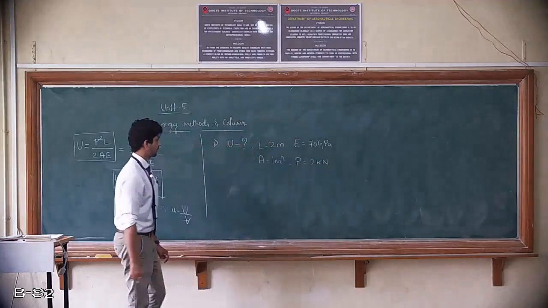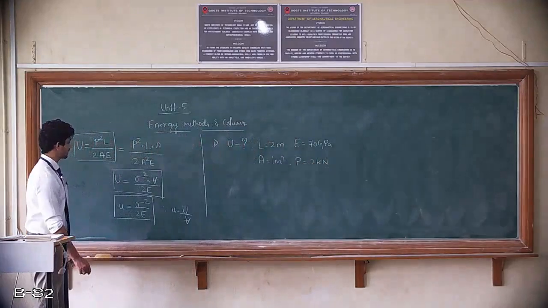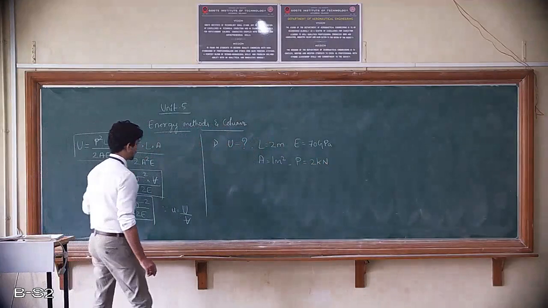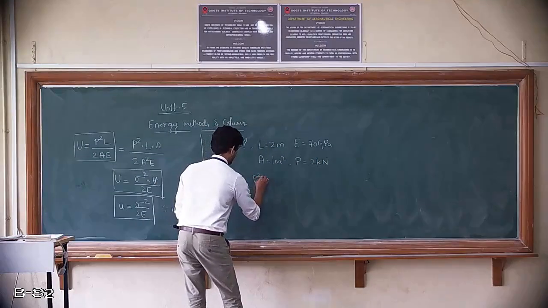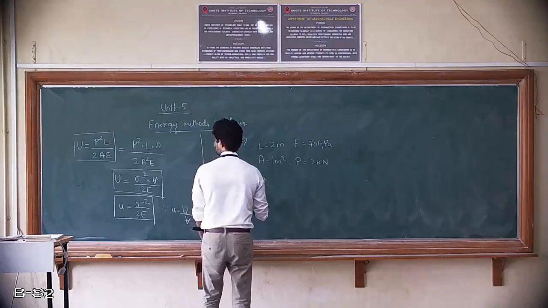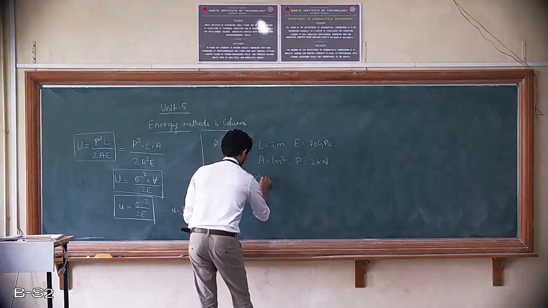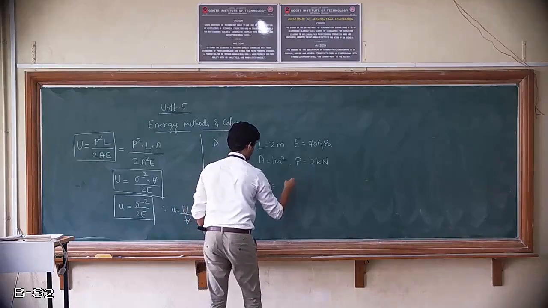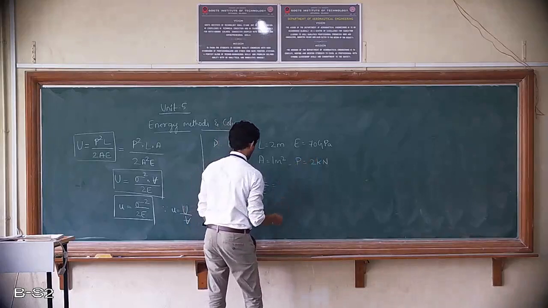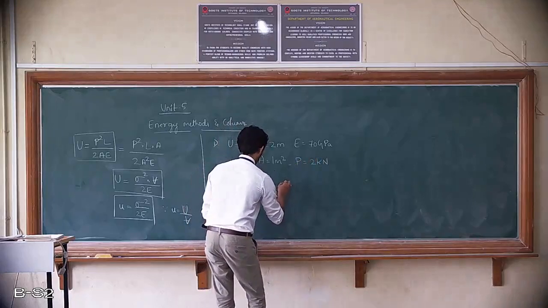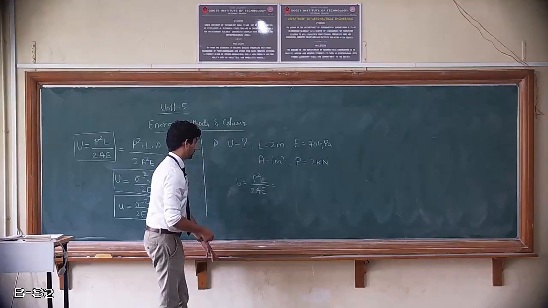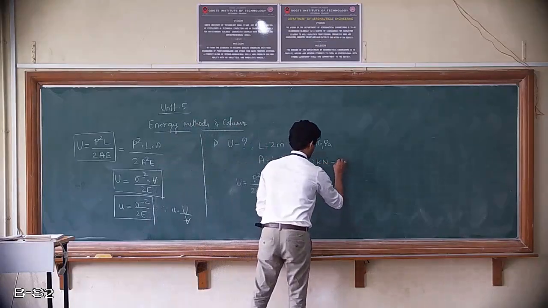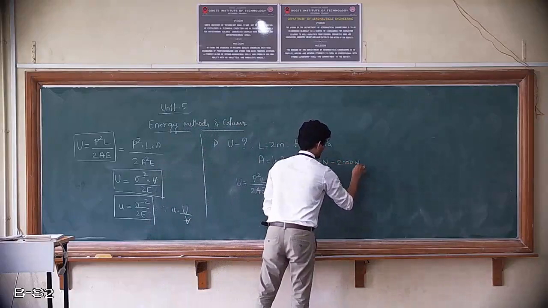Let us consider. If strain energy is asked, we can just use this equation, capital U equal to P square L divided by 2 times AE. P is 2 kilonewtons. Please remember the units, it is in kilo. Let us convert this into newtons, that would be better.